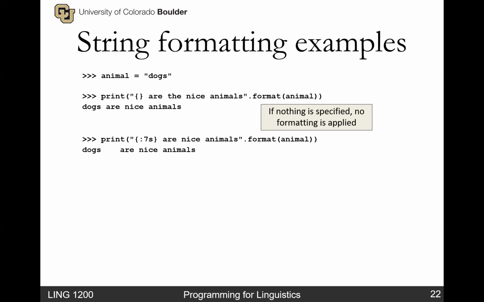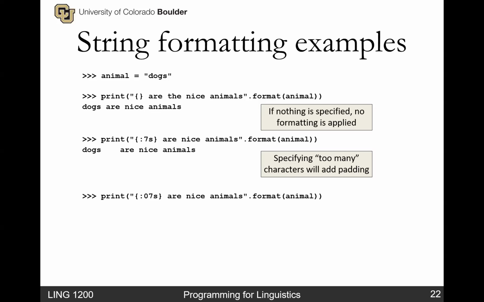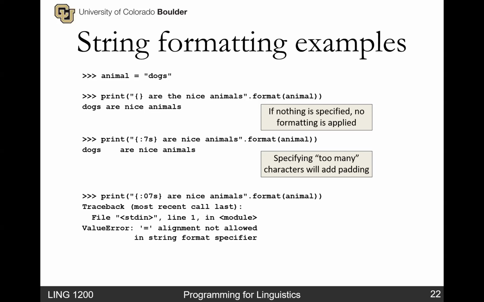So if we can pad the spaces around strings or between the two strings that we're putting together, then we should be able to add zeros and pad that with zeros, right? Well, actually not. It's not going to work that way.